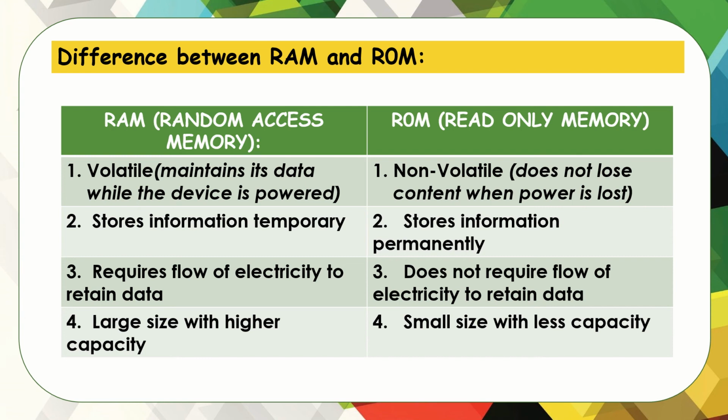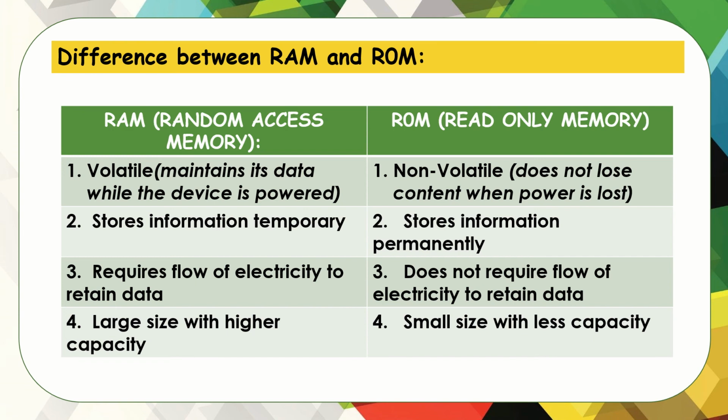The flow of electricity is very important. ROM does not require flow of electricity to retain the data. If you shut down the system, do you lose your operating system? No, it is stored in the ROM and it is safe, right? But if you are working on something and you just close it without power, what will happen? You will lose your data, right?